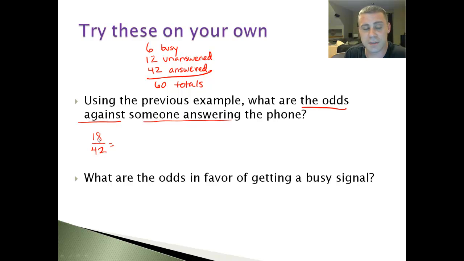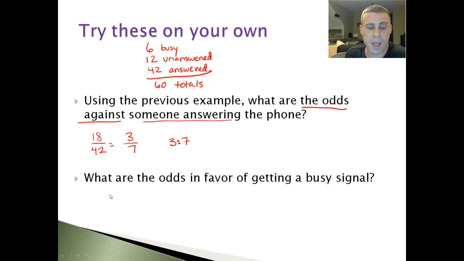You see the difference? And again, it still reduces. 6 goes into both of them. And where this is different is that we're going to say it's 3 to 7 odds against someone answering the phone. So a little bit tricky, but if you're careful, you should catch it and it shouldn't be a problem.